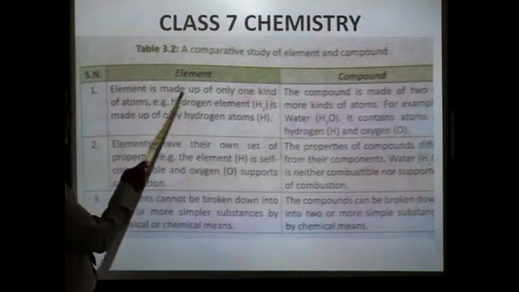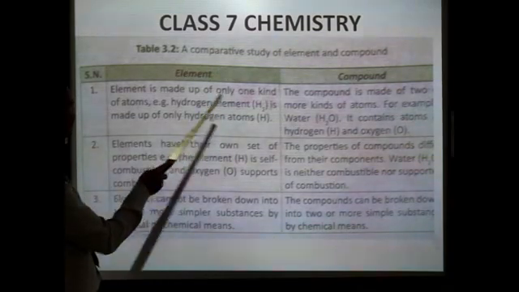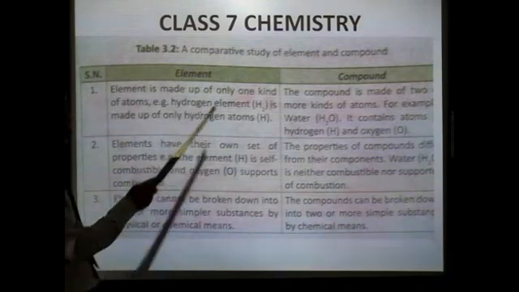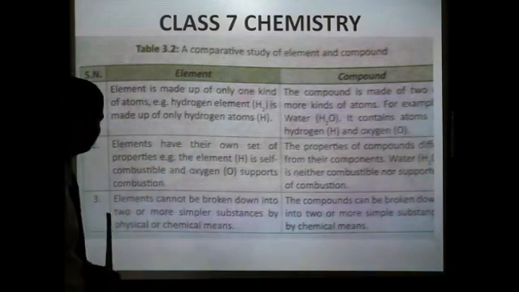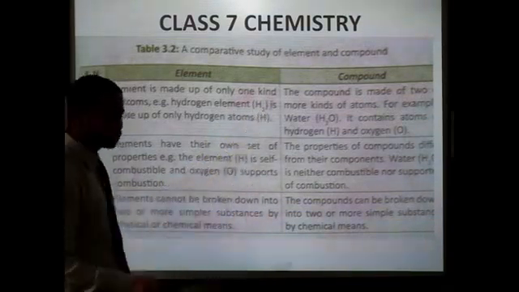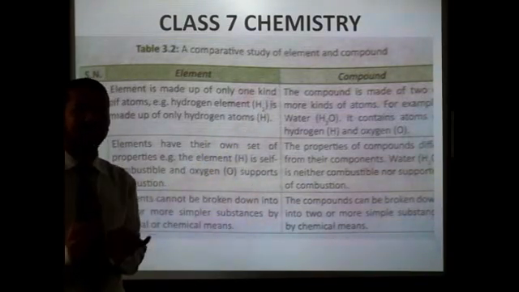An element is made up of only one kind of atoms. Example, hydrogen element, H2. How do we write the hydrogen element?